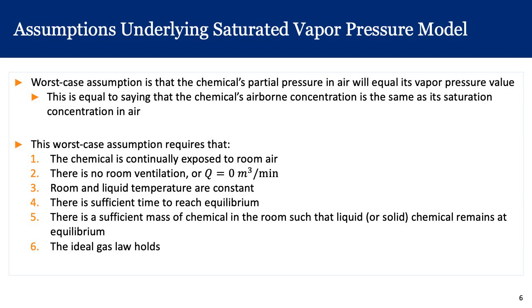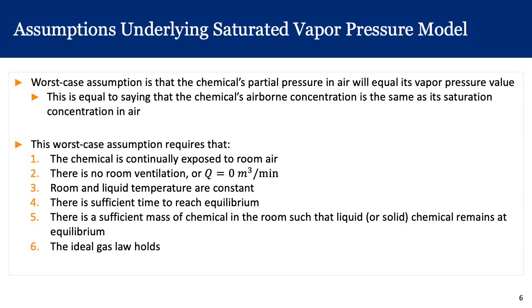This worst case assumption requires that the chemical is continually exposed to the room air. So the pool of this liquid at the bottom is exposed to the room air. There's no room ventilation, so Q is 0 cubic meters per minute. The room and liquid temperature are constant. There is sufficient time to reach equilibrium so that the liquid phase and the gas phase molecules are in equilibrium, and the rate of evaporation of molecules from the liquid surface is equal to the rate of condensation of the molecules back into the liquid phase.